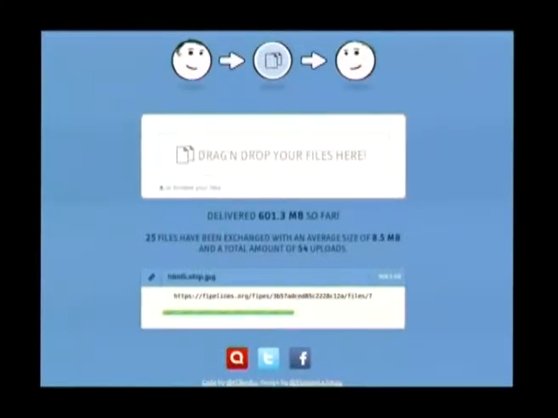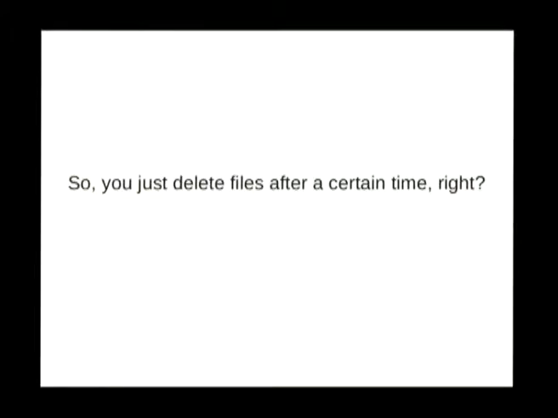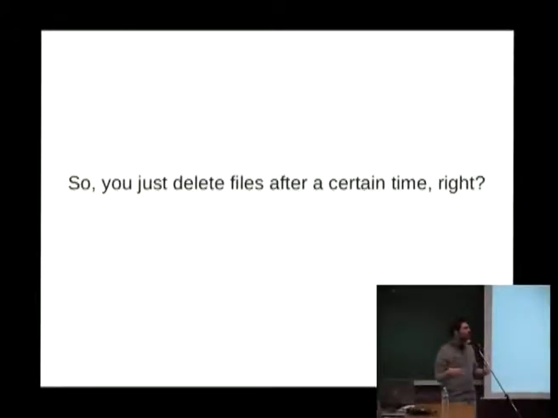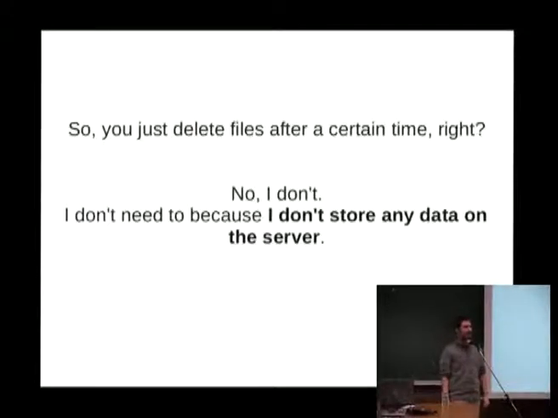So it's kind of cool. But at the privacy level, what am I doing? Do I just upload files, store them on a hard disk and then delete them after a certain time? Maybe I do that. But actually, no. I don't do that. I don't need to, because I don't store any data on the server, really.